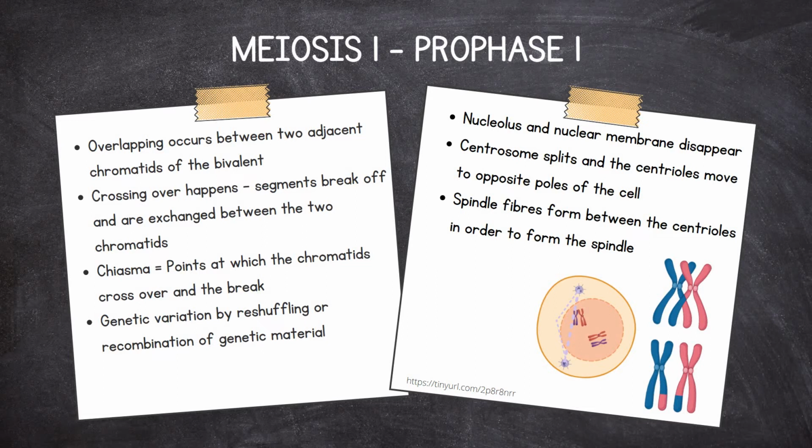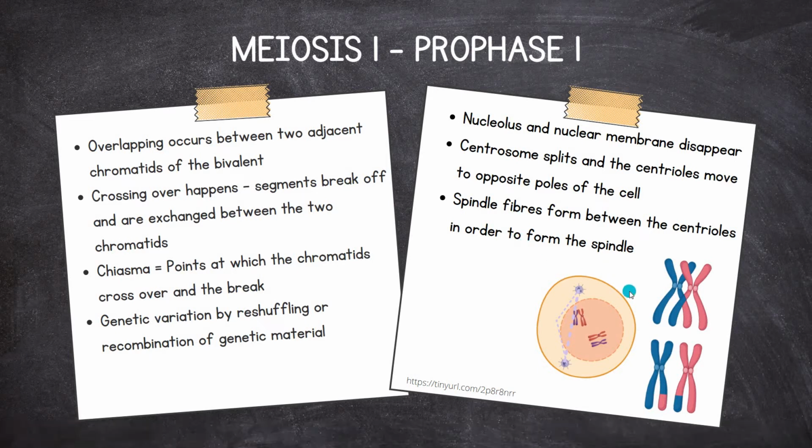During crossing over, segments break off and are exchanged between the 2 chromatids, as you can see here, that section and that section. So they crossed and then a section broke off and switched out. The point where they cross is called the chiasma.